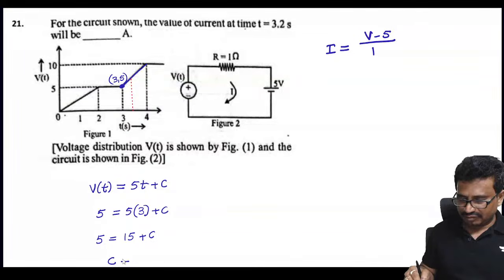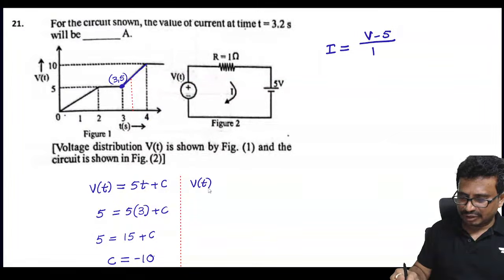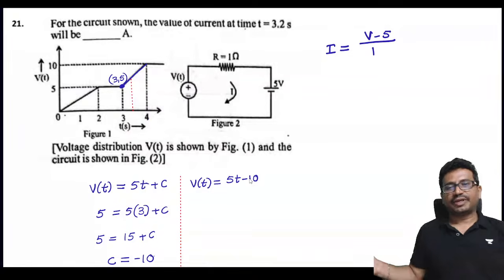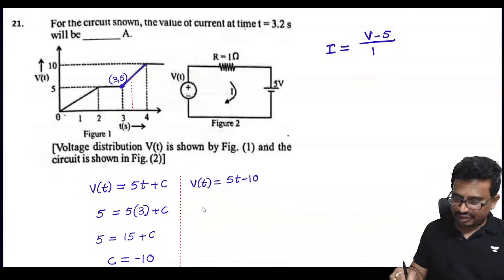So what will the c value come to be? Minus 10. So finally we have v of t, which will come to be 5t minus 10. We need the voltage when t is equal to 3.2.